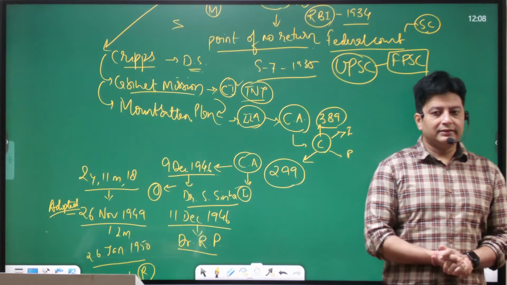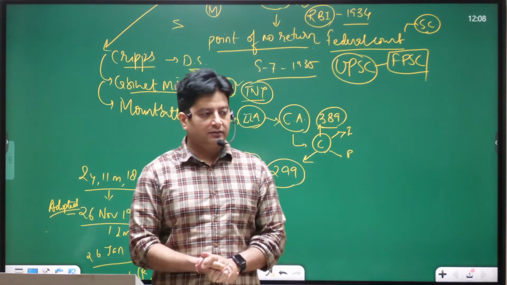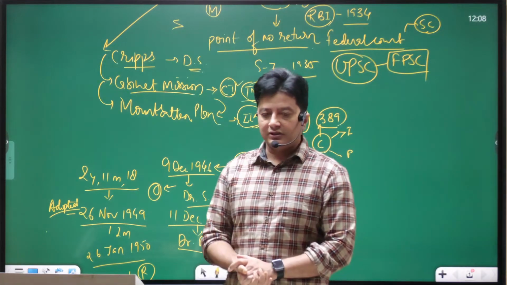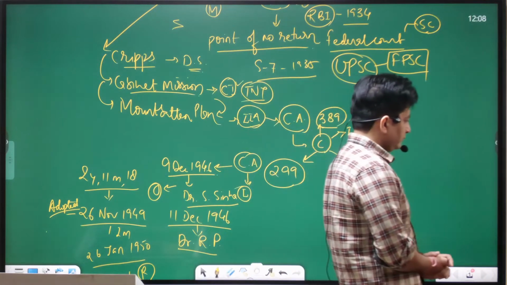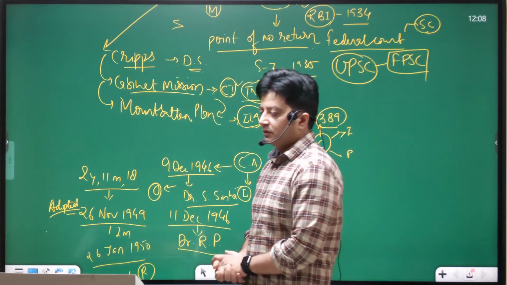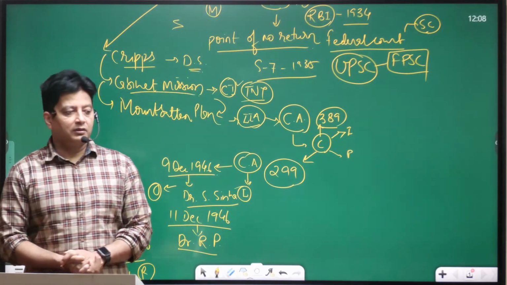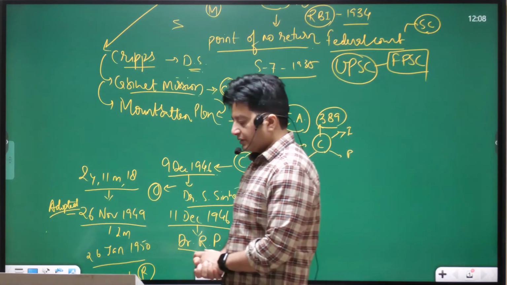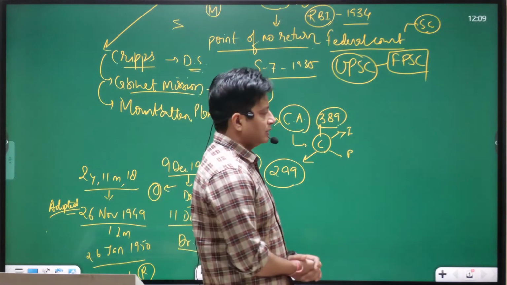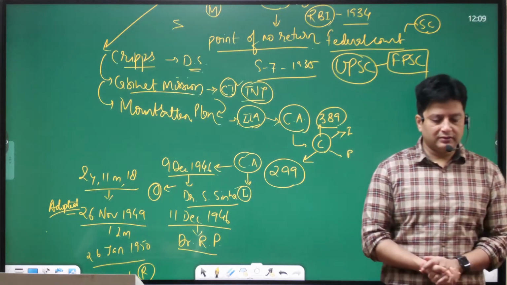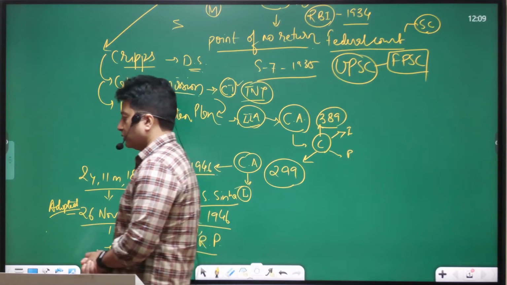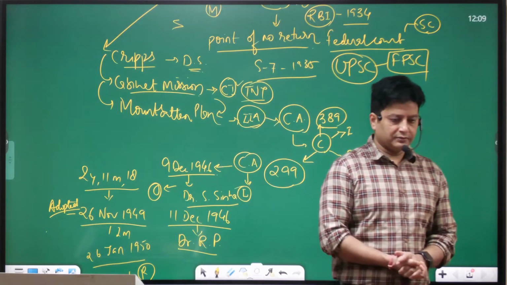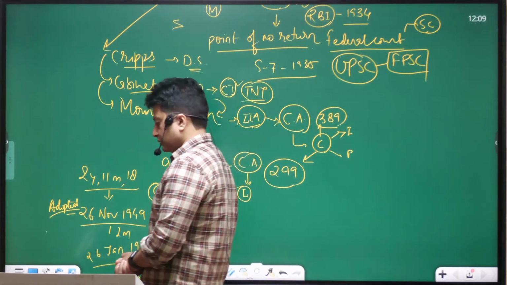Diarchy was ended at the provincial level, and it was introduced at the federal level in form of three list, namely federal list, provincial list, and concurrent list.